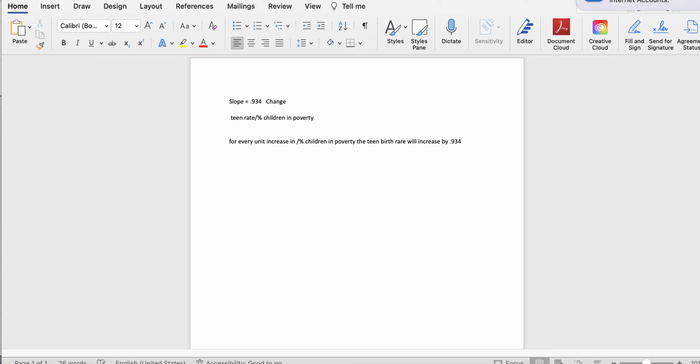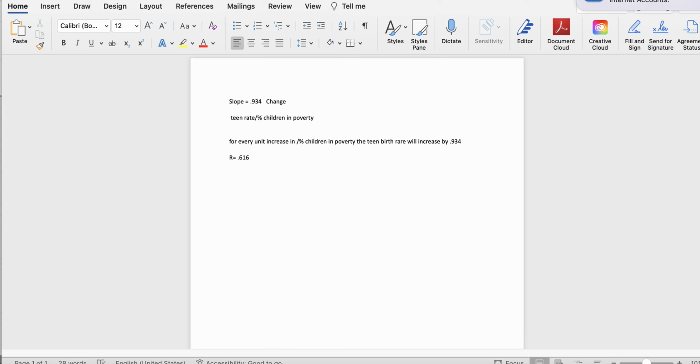What about R squared, the coefficient of determination? Okay, let's see what that was. That was 0.616. So we want to describe that. We're trying to predict the teen birth rate.